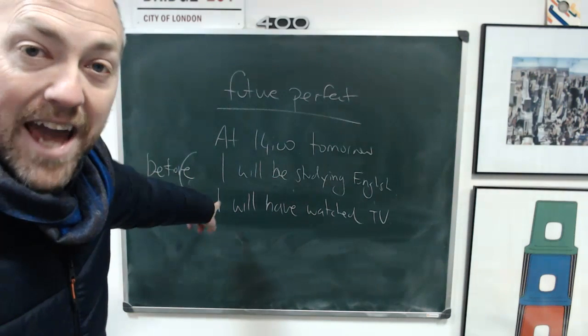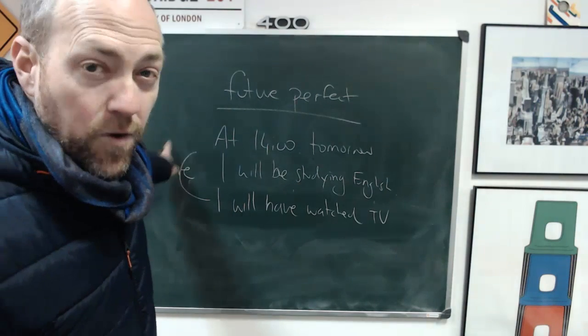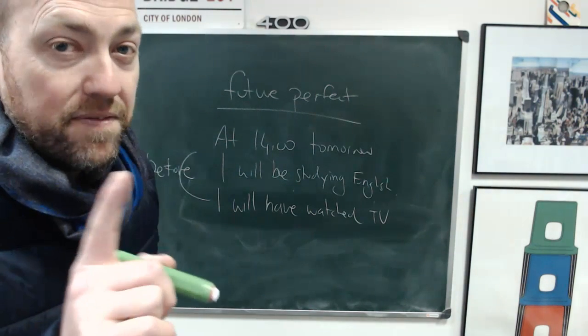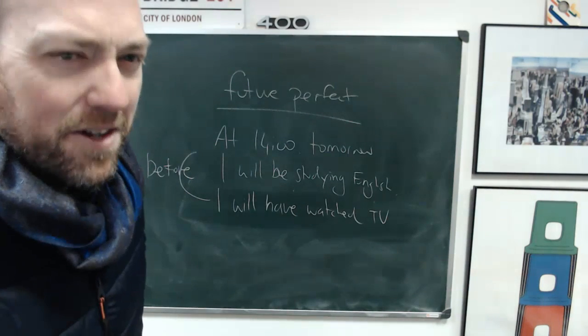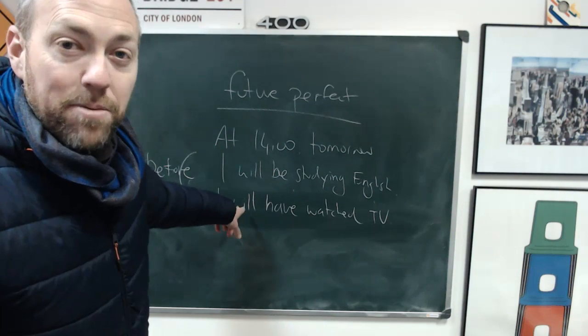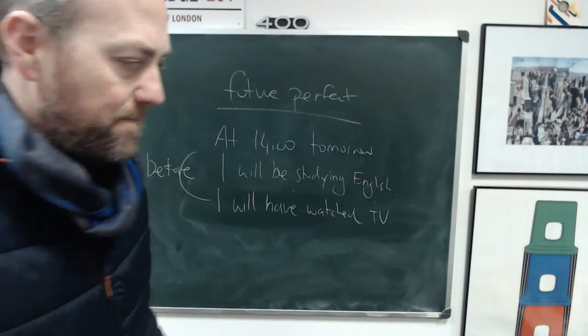Is that this action here in the perfect tense is before this action, not after. Okay, my mistake. Not at 3 o'clock, but at 12 o'clock. Okay? This action in the perfect is before. This is the relationship. Okay?